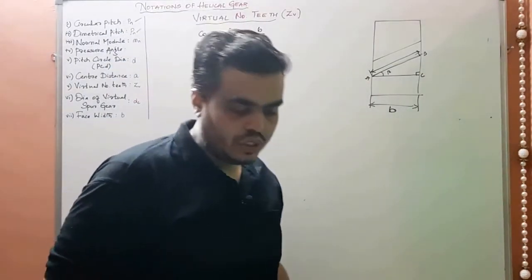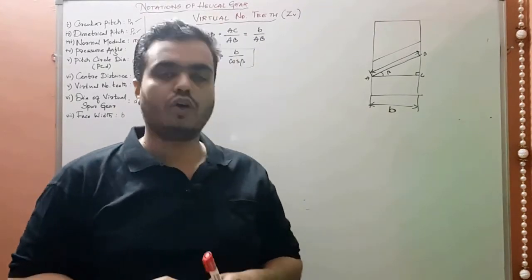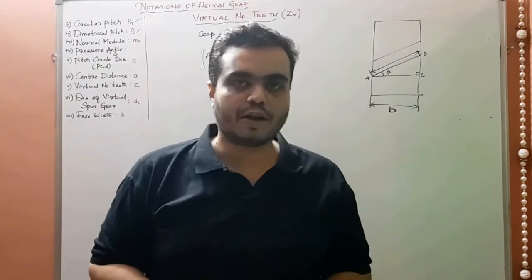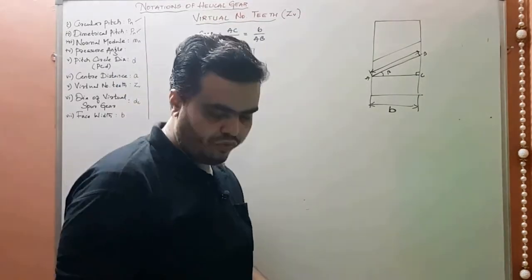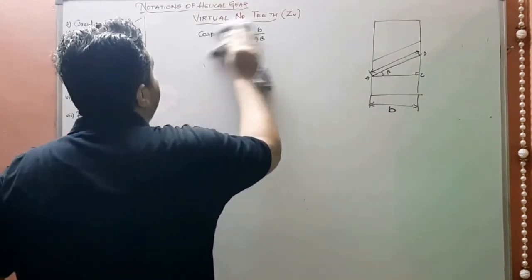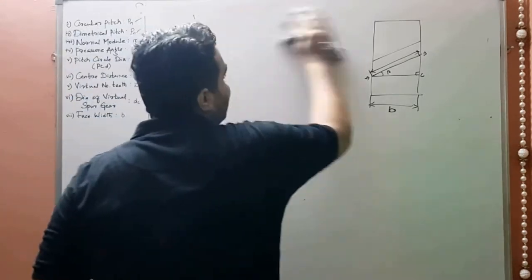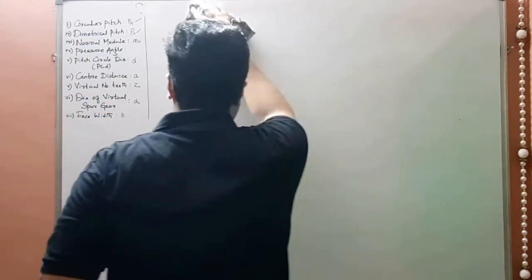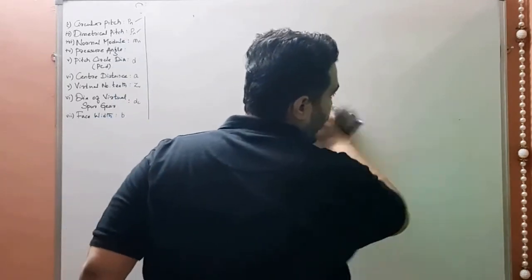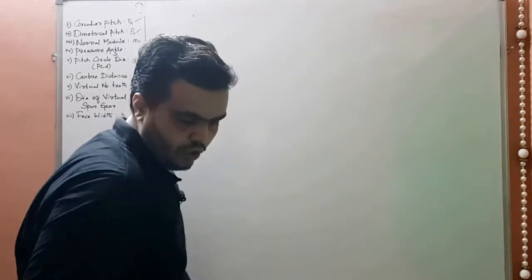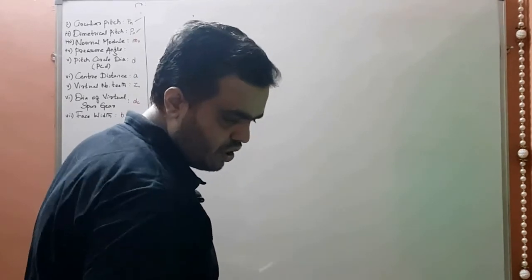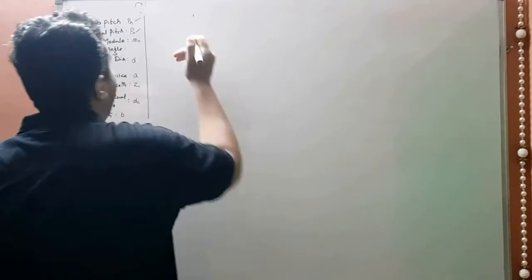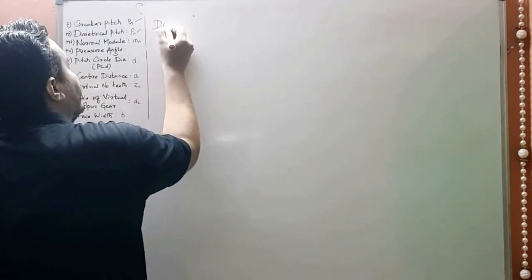This is how we need to find out the face width of a helical gear tooth. These are the major notations which you have to consider while designing a helical gear problem. Next I am going to brief you on the notations of a helical gear. Make a note of it so that it will be helpful for you to remember all the notations. I am going to draw one table here. First I am going to write description.